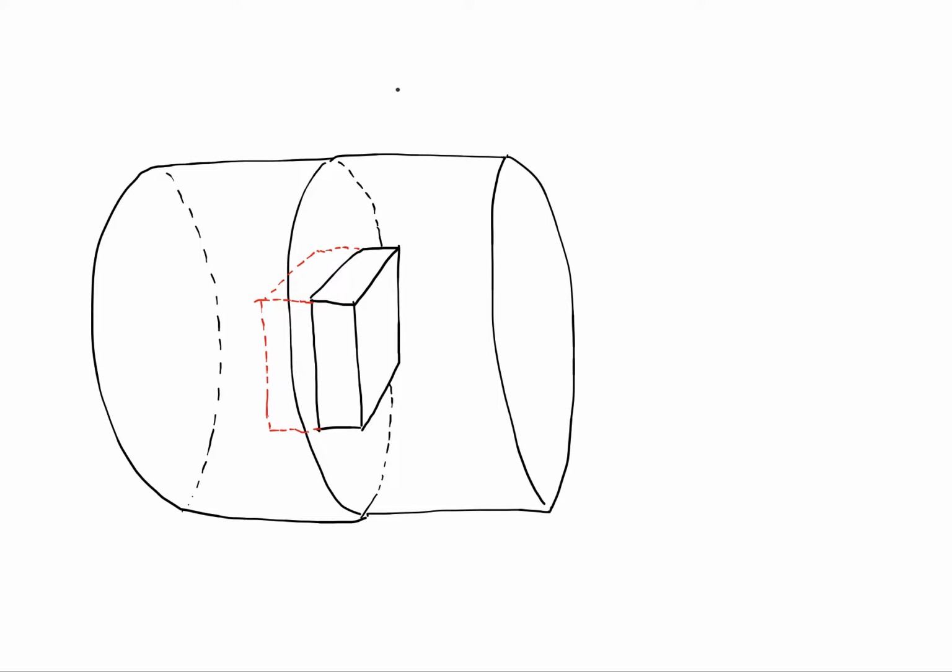The cylinder on the right contains the positive plate. The cylinder on the left contains the negative plate.